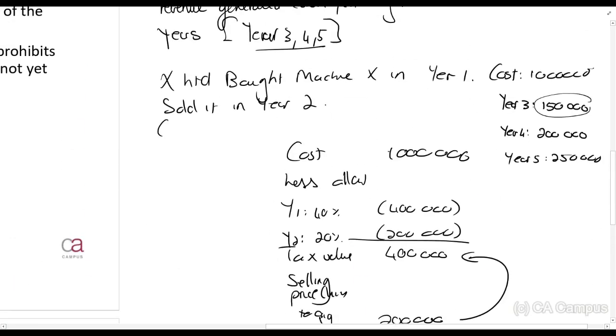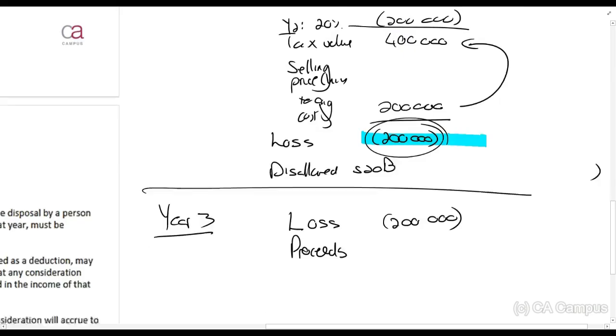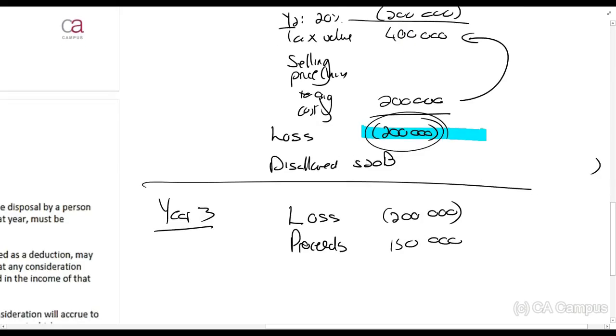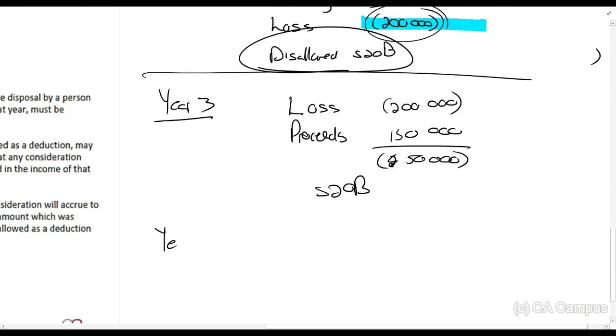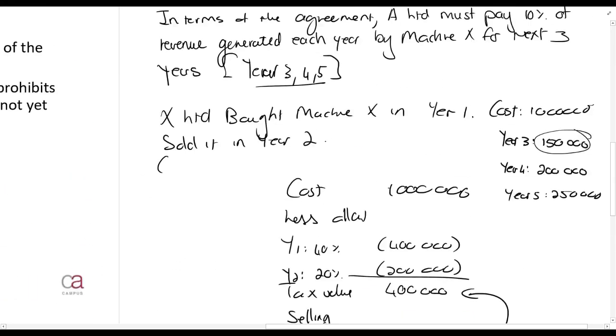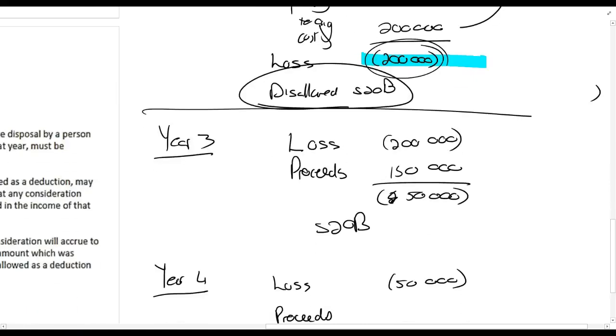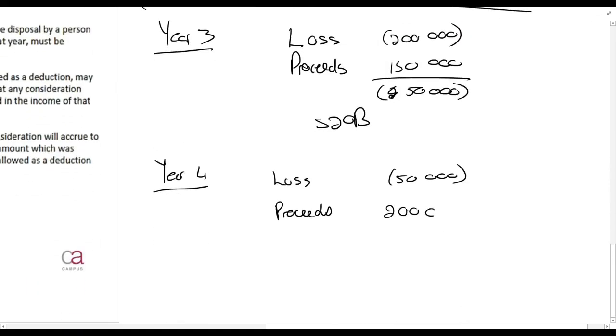In this case, additional proceeds of 150,000 rands. So we've used up some of that loss, and there's still 50,000 rands left. It's still disallowed in terms of section 20B because we still don't know if we're going to receive more money. Then in year 4, the loss that we bring forward is that 50,000. The proceeds are 200,000, so that gives us 150,000 rands.